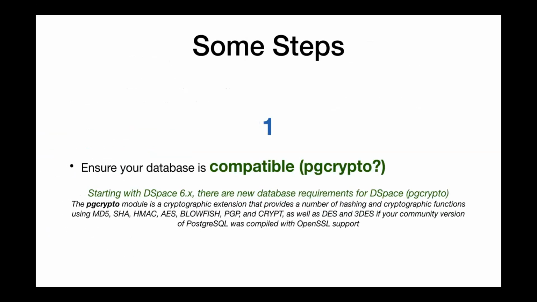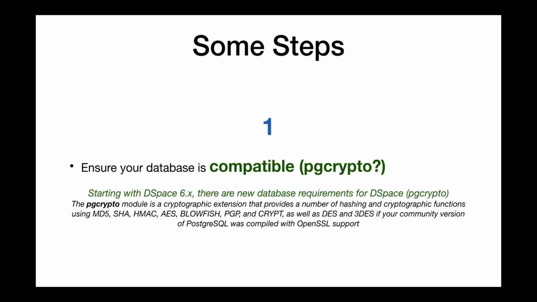Step number 1: ensure that, between the versions of the DSpace that you want to migrate, you have sorted out the compatibility issues between the two databases, where you're coming from and where you're going.